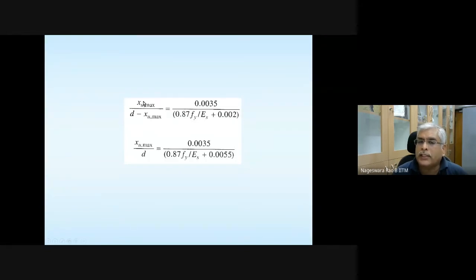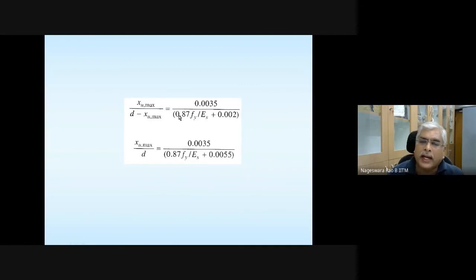And instead of Xu, it is written as Xu max. Why is it written as Xu max? Because we are using the limiting values of strain in concrete and strain in the steel. Any questions here? This relation is very, very important.